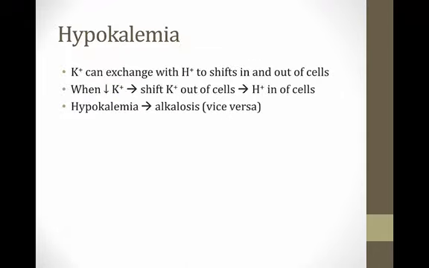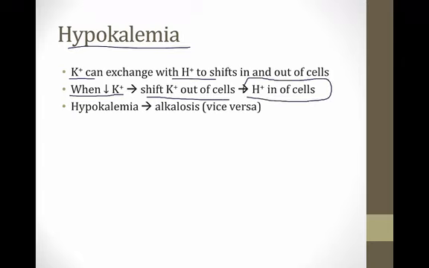So the next cause of a metabolic alkalosis that we'll discuss is hypokalemia. So recall that potassium ions can exchange with hydrogen ions and shift in and out of cells in the body. So when you get a low level of potassium in the blood, potassium will shift out of cells in exchange for H+. So the H+ will go inside the cells. This will result in a low level of H+ atoms in the plasma, and this will result in an alkalosis.